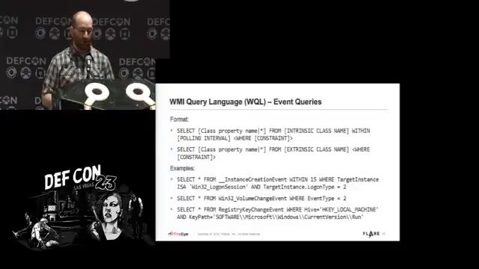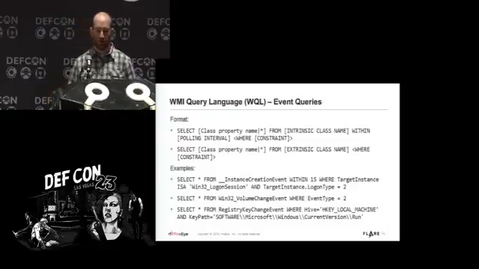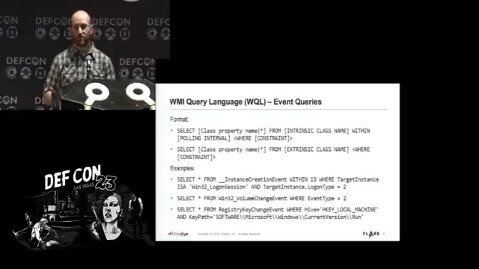What we're interested in is all instances that are of type Win32_LogonSession, within 15. With these types of queries, you have to specify a polling interval because these events trigger all the time, just to make sure the query is a little more performant.